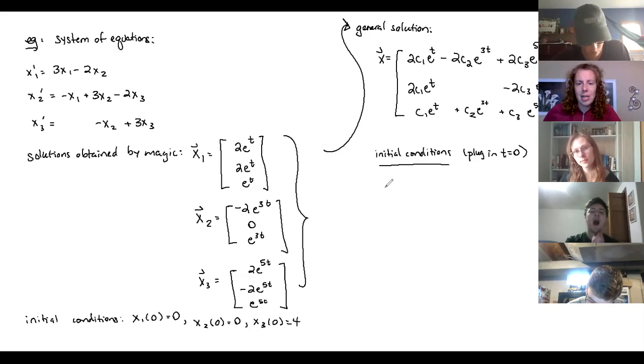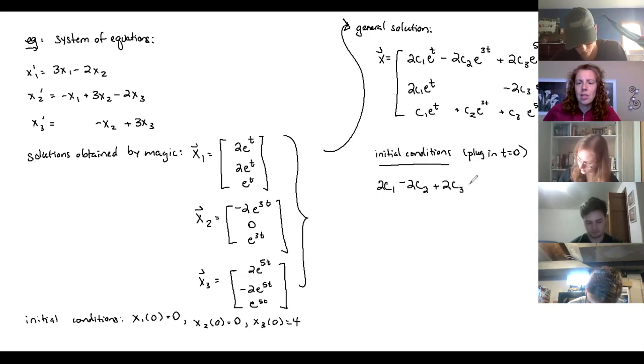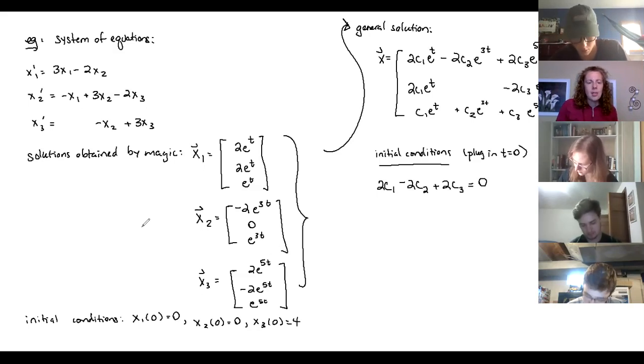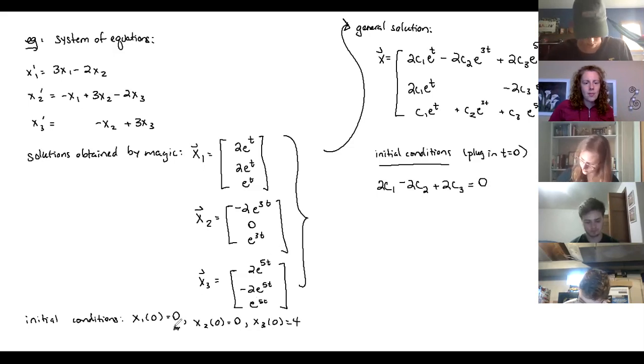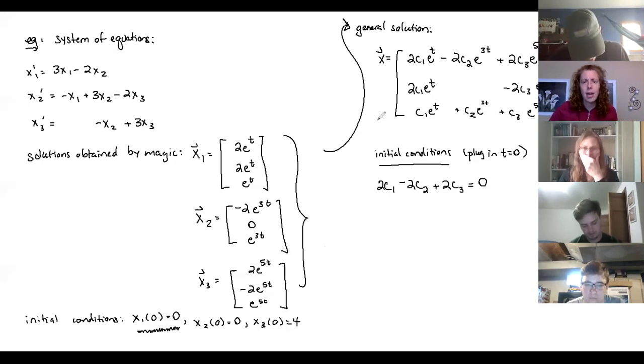Here's what I'm getting for my initial conditions. 2c1 minus 2c2 plus 2c3 equals 0. That's from my first initial condition that I had right here. x1 of 0 is equal to 0. So when I plug in 0, all the e's go away, and I got my coefficients out. I'm going to have a 0 on the right-hand side. Do we see where that's coming from? Okay. All right, cool.